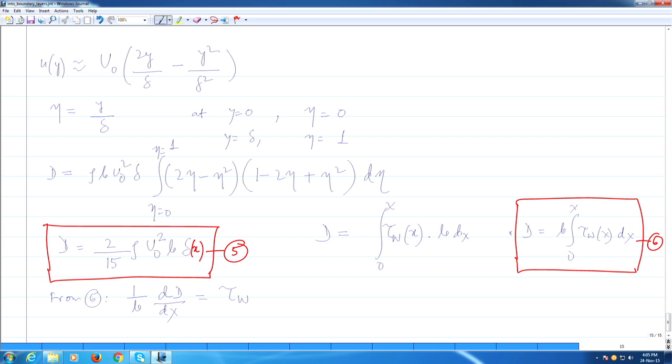So, this is what we get, and then what we will do is with this expression, we will insert this into 5, right. If we insert this into 5, what do we get?